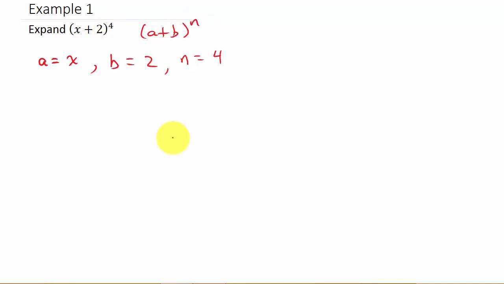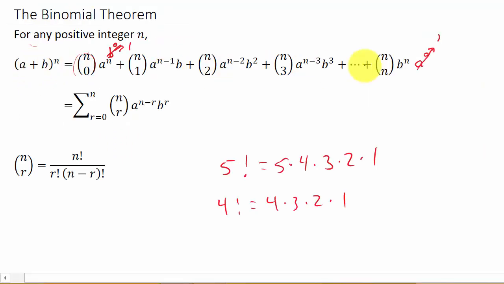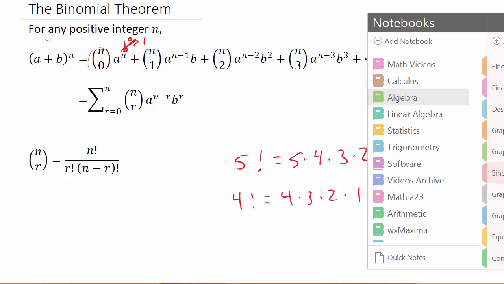All right. So I've got (x + 2)^4 is equal to, so remember, it's n choose 0, okay, from our formula. If you need to, rewind the video and write this formula down, so when you watch the example.